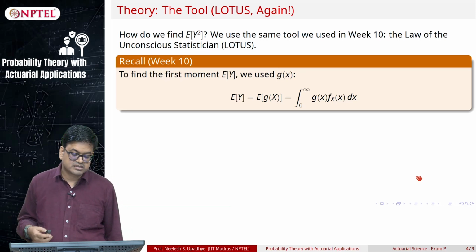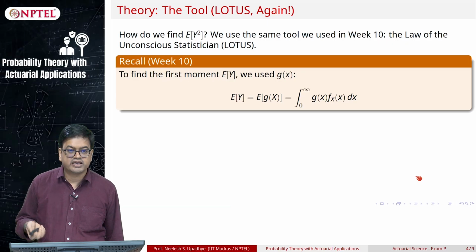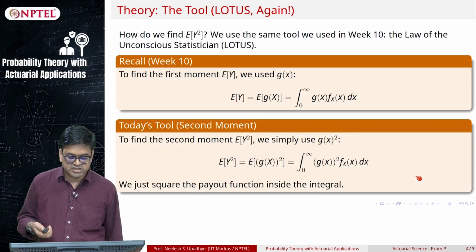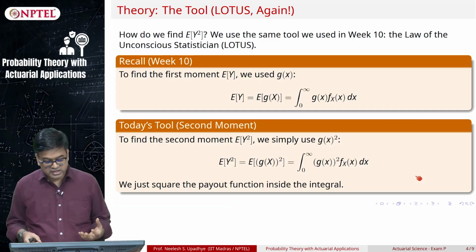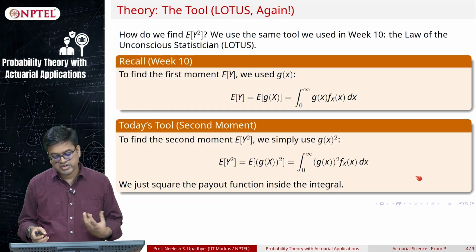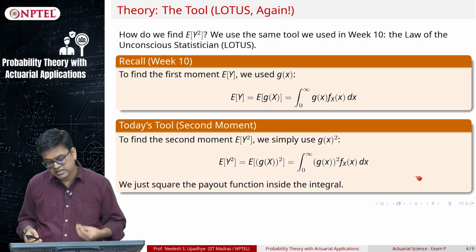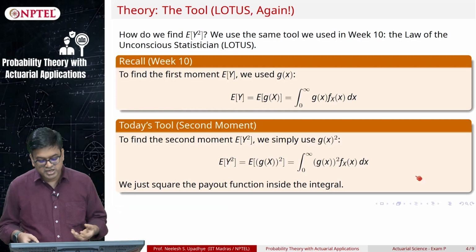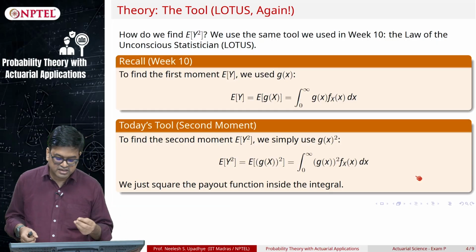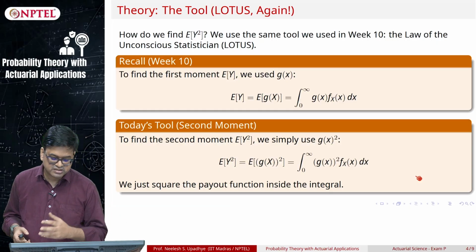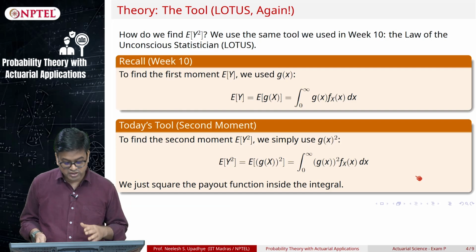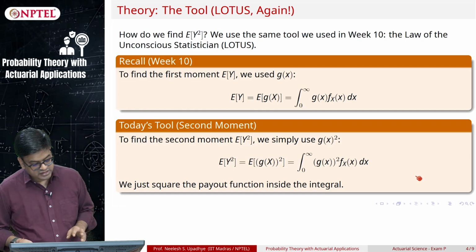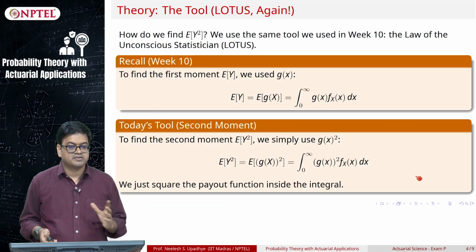Now I am asking you to compute expected value of Y squared, which means it is g(X) squared. I will use the LOTUS again and treat this as another random variable Z, and you can integrate over this Z. In particular, what you are integrating is the integral from 0 to infinity of g(x) squared f(x) dx. Here the assumption is this will never take negative values, so the integral from 0 to infinity suffices.